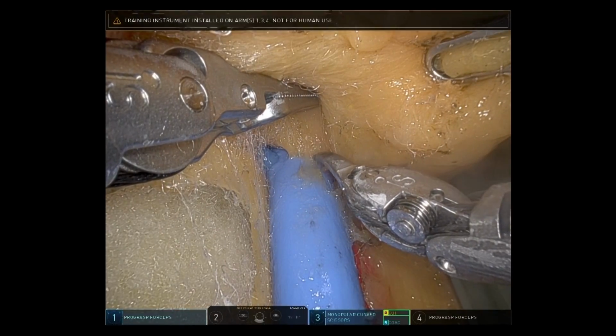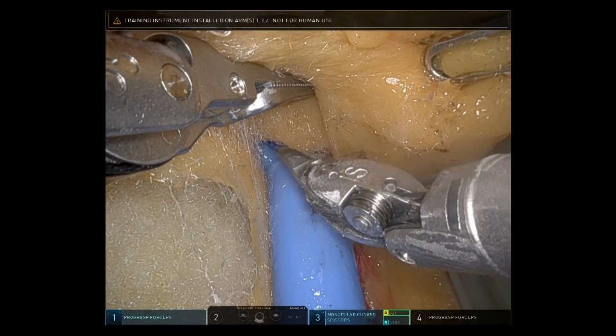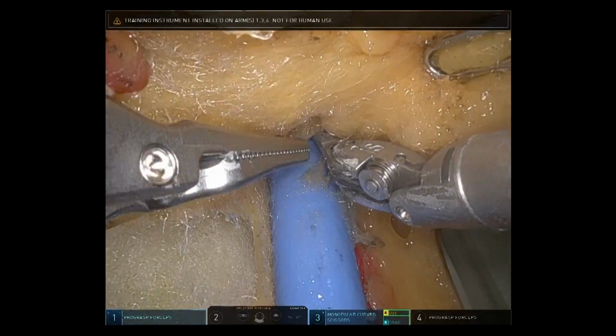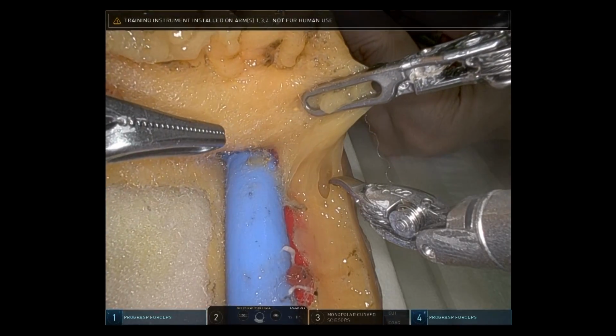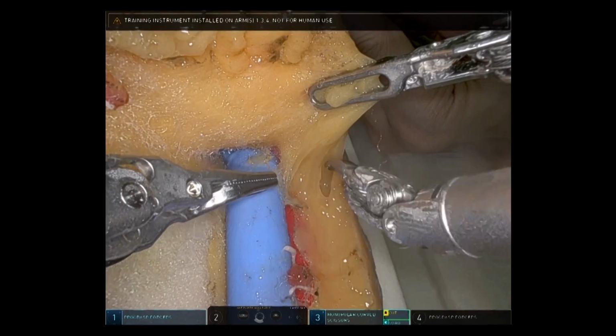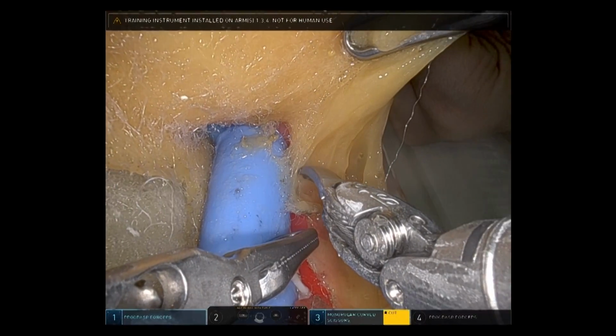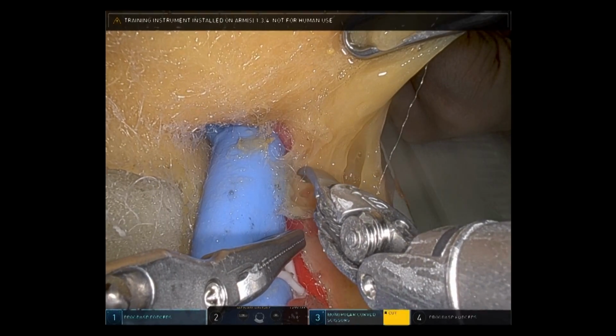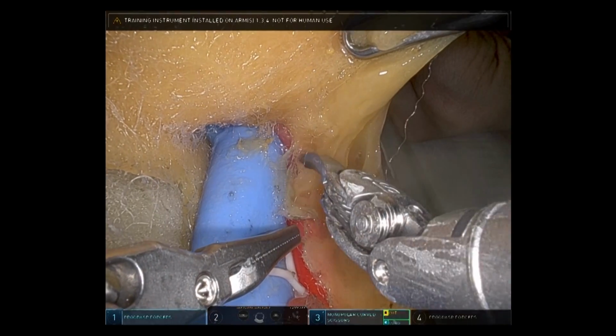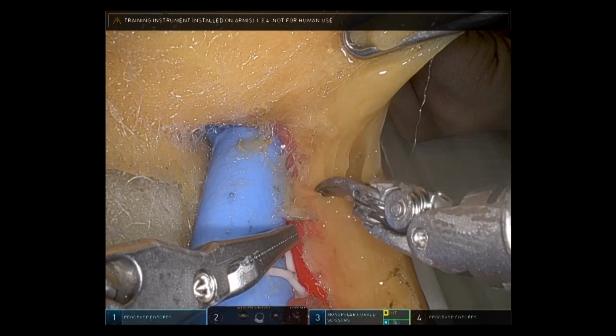As dissection progresses cranially, the middle colic artery, MCA, and right colic vein, RCV, come into view. Dissection around the MCA root allows identification of its branching pattern and the dorsal ascent of the middle colic vein, MCV.